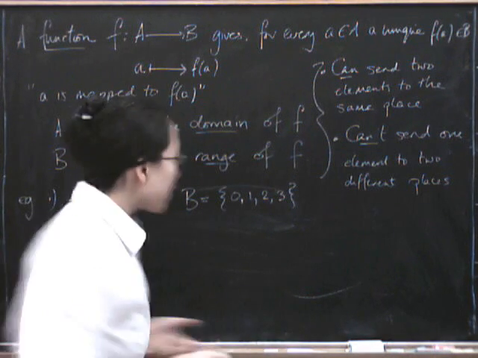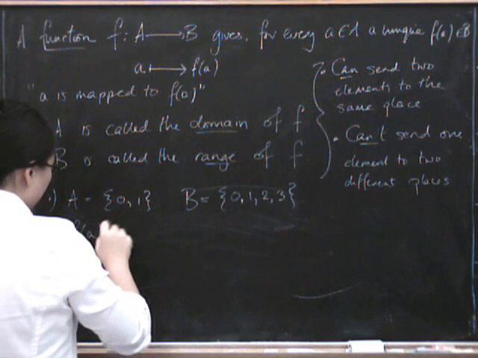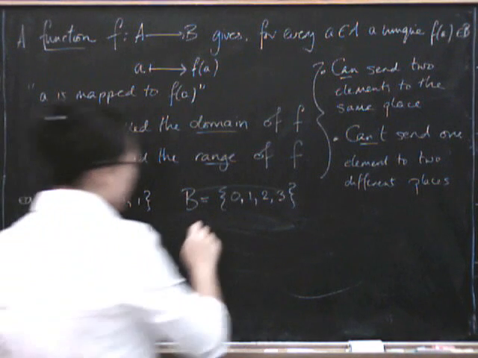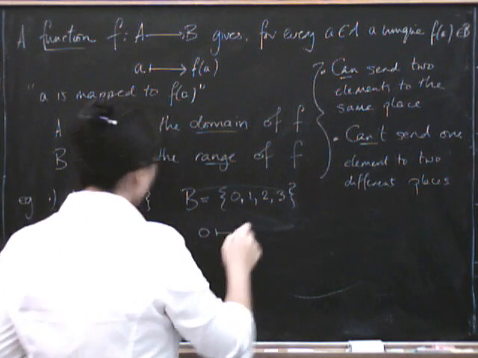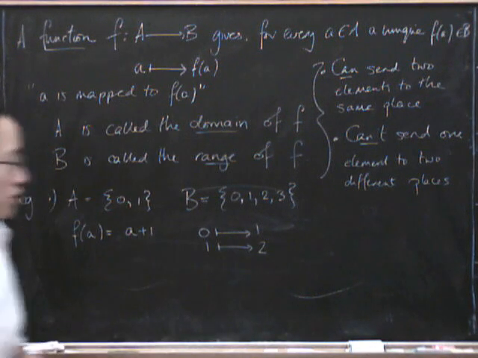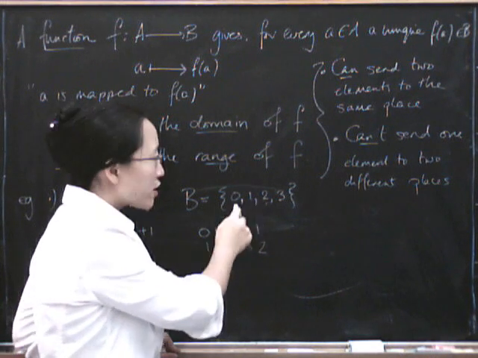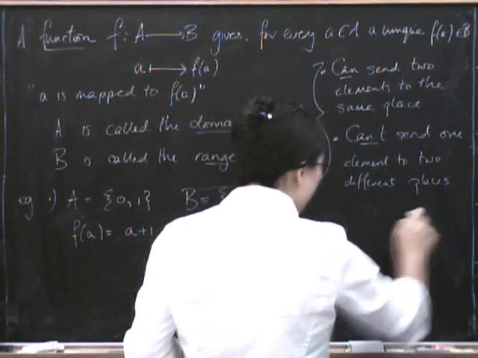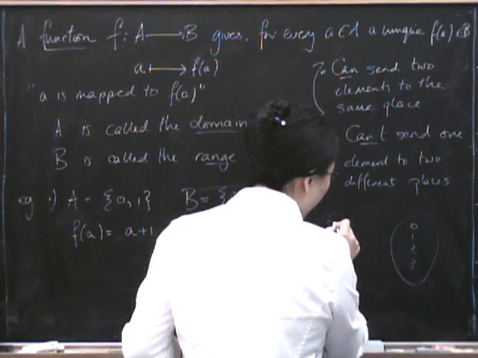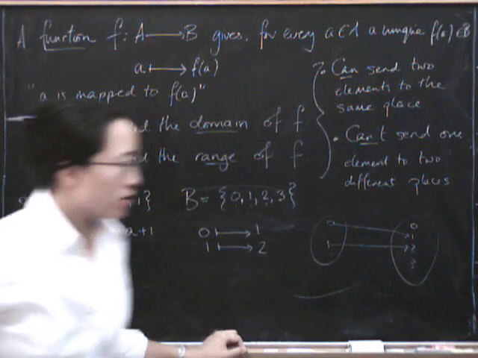And we can now define a function f from A to B by f of a equals a plus 1. So 0 under this function will go to 1, and 1 will go to 2. Okay, so notice that 0 went to 1, 1 went to 2, nothing goes to 0, nothing goes to 3. So if we wanted to draw this picture, we could go 0 and 1, and we could go 0, 1, 2, 3, and we'd have 0 going to 1, 1 going to 2, and nothing going to 0 and 3.